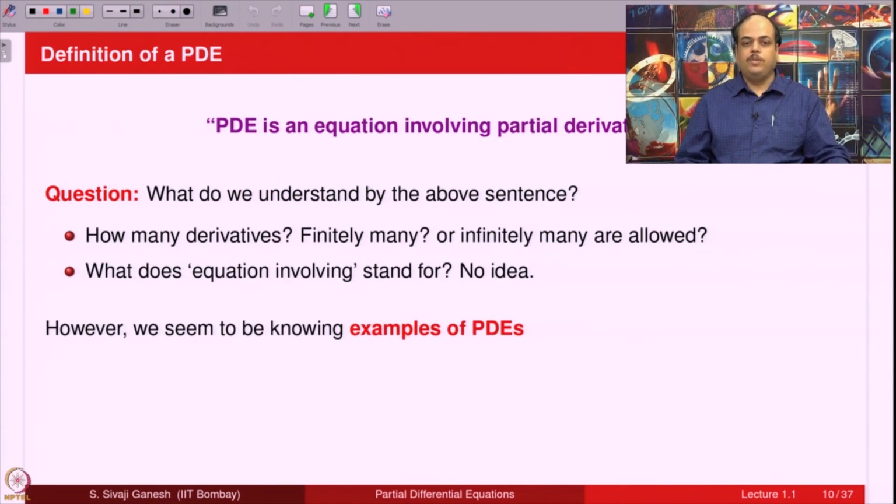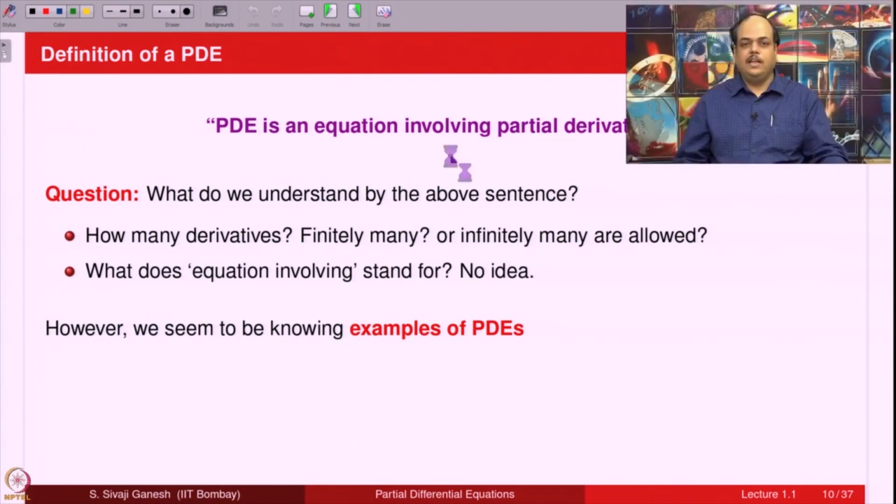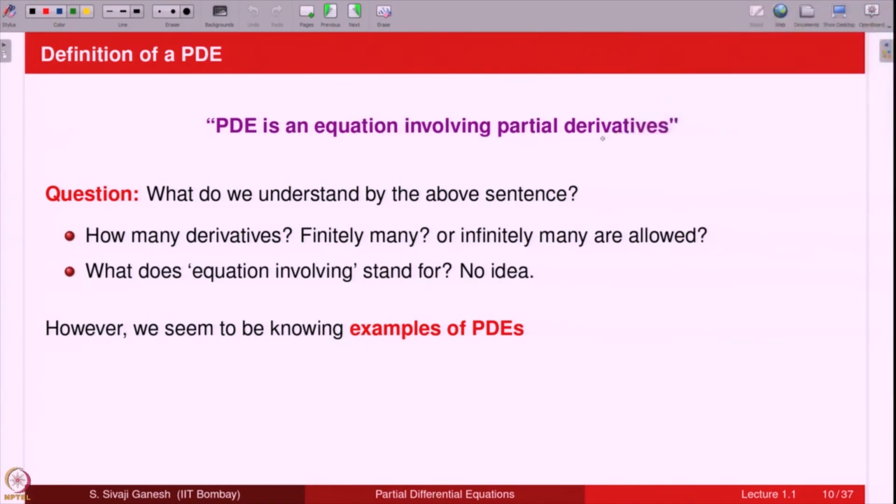However, we seem to know examples of PDEs, therefore we do not question this kind of definition when found, because we know what PDEs are. So, how do we know? We have examples and this English statement seems to be okay, but the problem is this English statement might allow more types of equations which you do not think are a PDE. We will see one of them as an example.